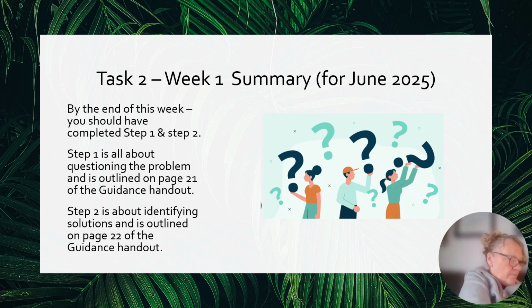Okay, so page 21. Also on page 19. It's called the persuasive proposal. So the task is about proposing solutions to a global issue from a local perspective.